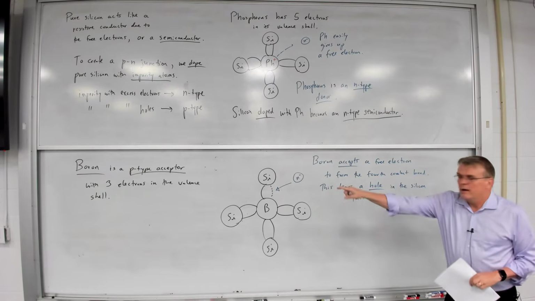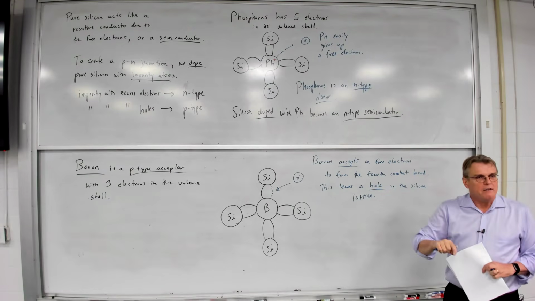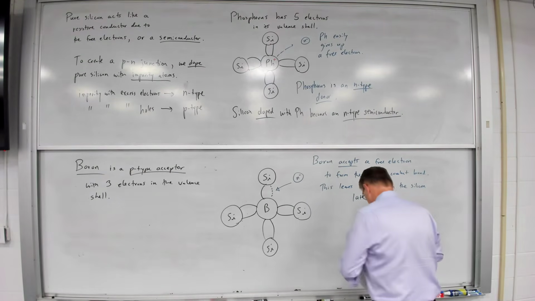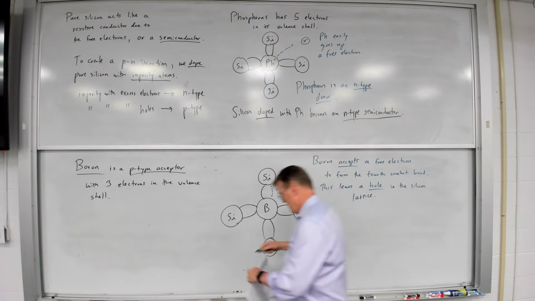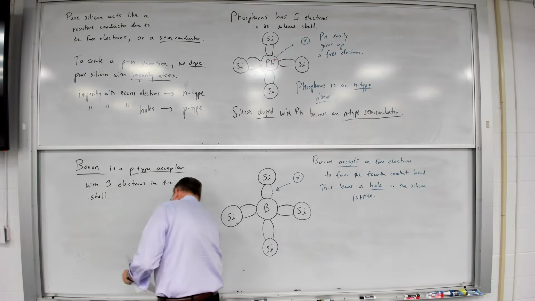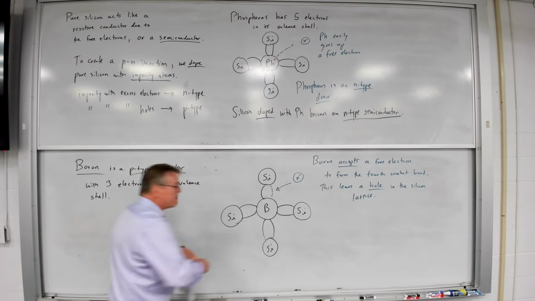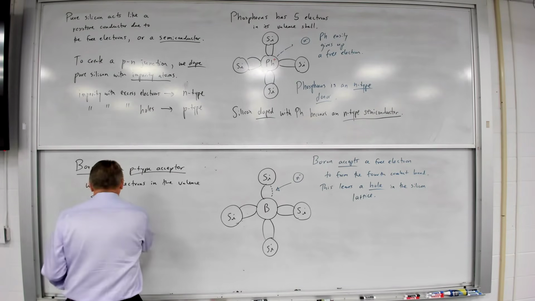All right, so if I put boron into this semiconductor lattice, what I have here is a P-type semiconductor.